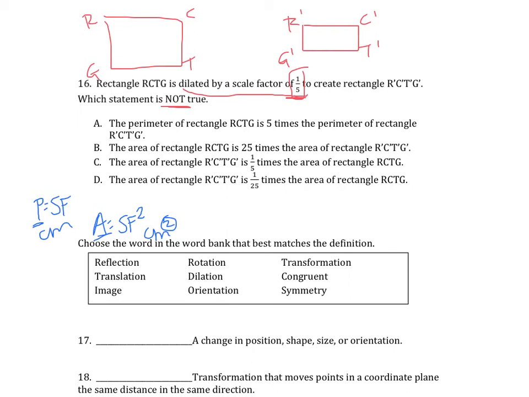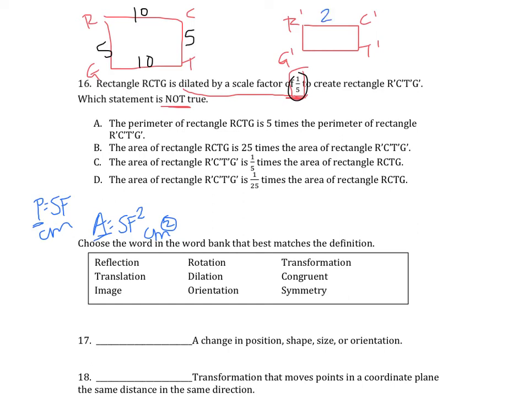But if that's kind of confusing to you, you could just use actual numbers and use the scale factor and see what happens to the perimeter and area. So I'm just going to make these numbers up, and I'm going to use the scale factor of 1/5. See how I conveniently made them all divisible by 5? Because if I use a scale factor of 1/5, I'm basically dividing all the sides by 5.